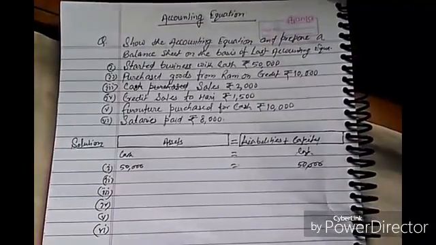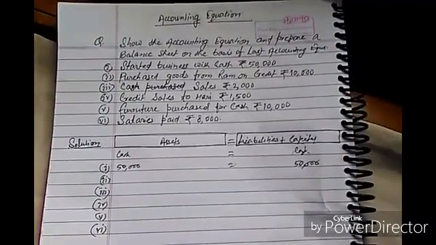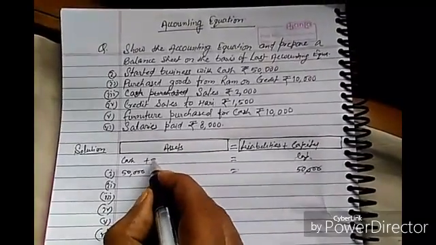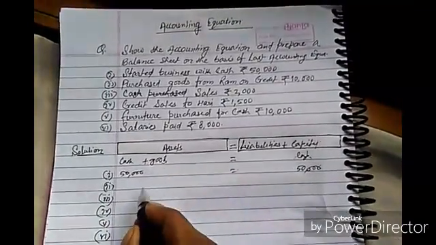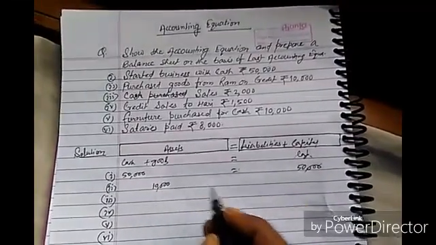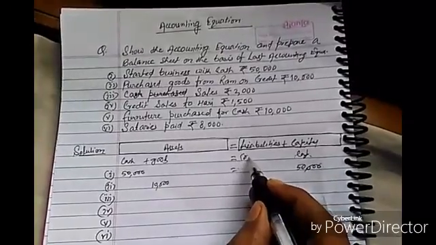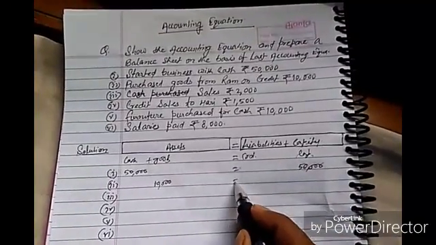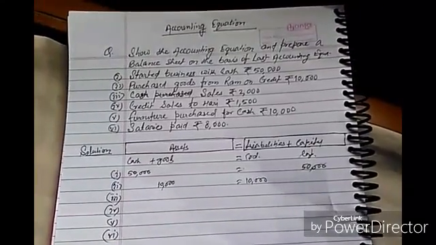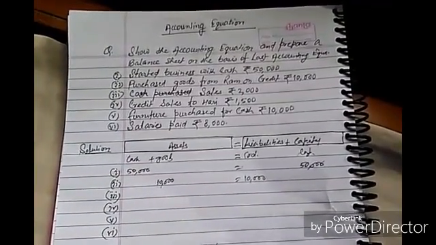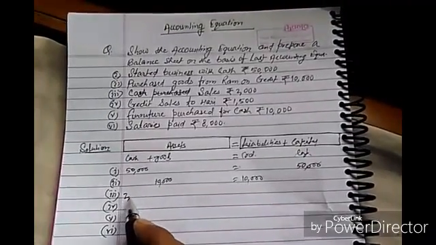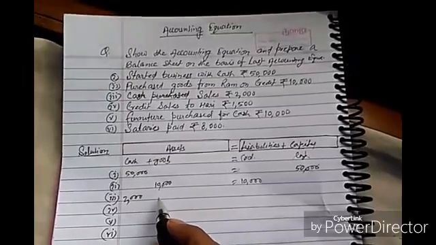Now see the second transaction: purchase goods from Ram on credit basis. So right here our goods will increase by how much? 10,000, and it's purchased on credit basis, so creditors will increase by 10,000. Now see the third transaction: cash sales rupees 2,000. What did it sell?